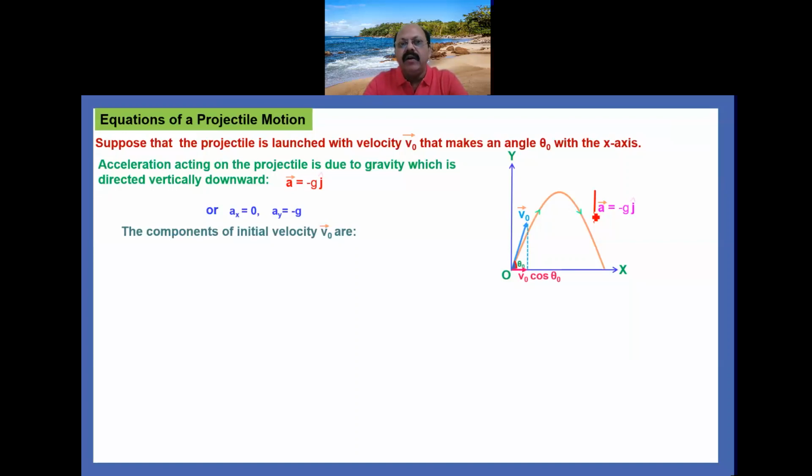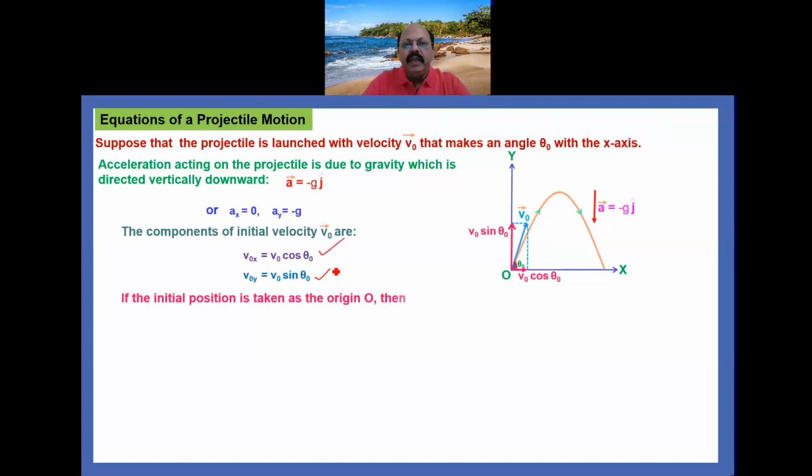The horizontal component of v0 vector is v0 cos theta naught, and the vertical component is v0 sine theta naught. That can be written as v0x equal to v0 cos theta naught and v0y equal to v0 sine theta naught. If the initial position is taken as origin, then x naught equal to 0 and y naught equal to 0.